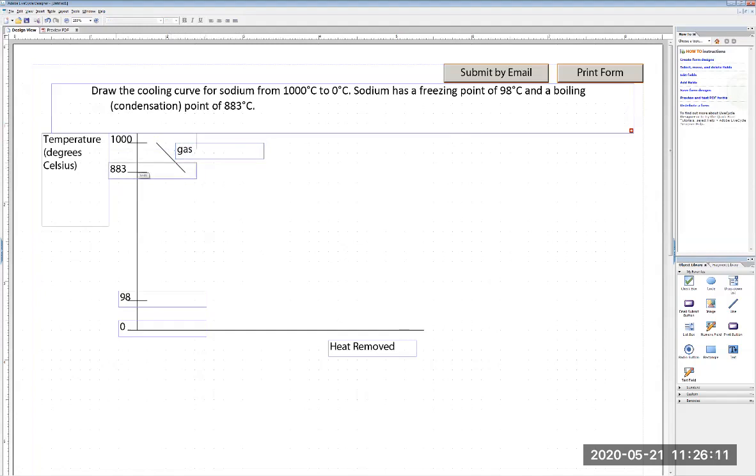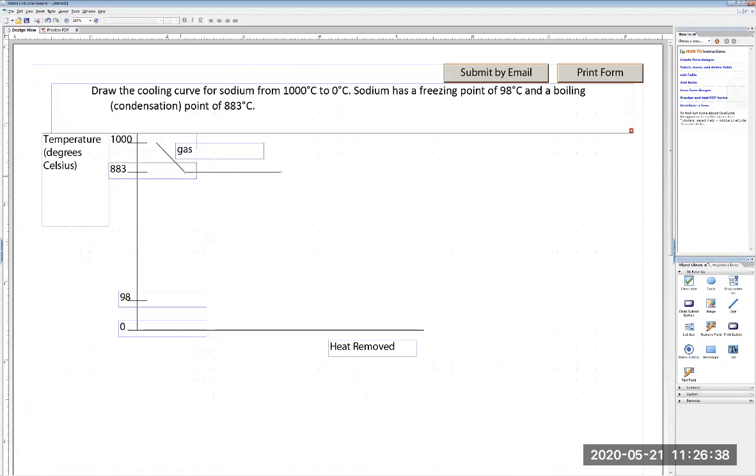Then when you have reached the 883 degrees, you will have the condensation happening. The gas will become a liquid, right? And so when condensation occurs, the temperature stays the same until you have completely changed your gas into a liquid. So let's make it large enough here.